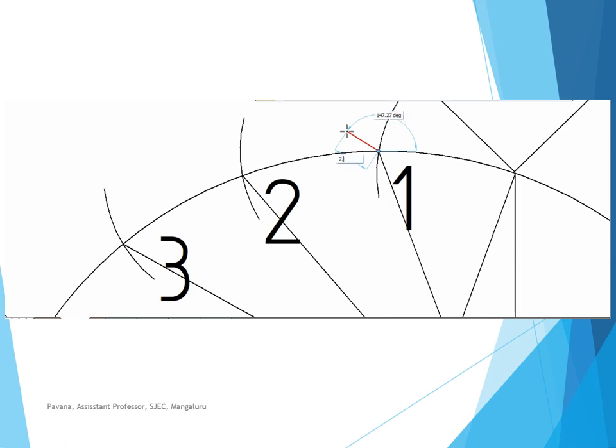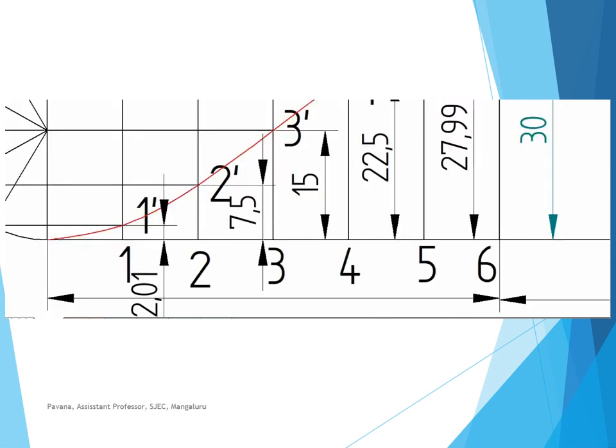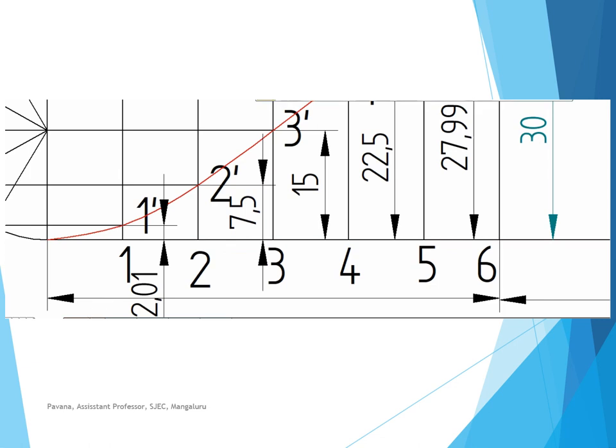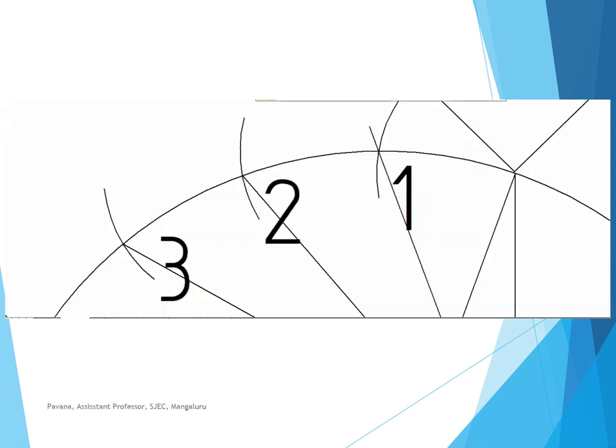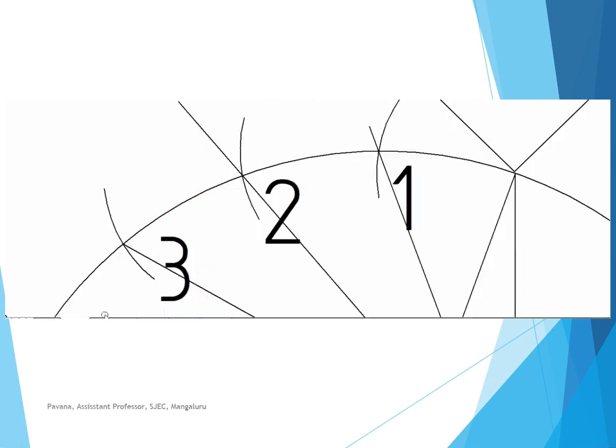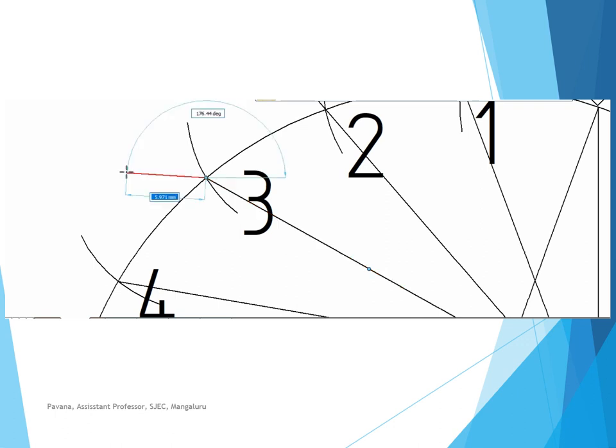Don't incline it to any angle, just extend the tangent line in a straight line. See, 2 dash distance is 7.5, so from point 2 extend the 7.5 straight line. Next, 15 is the distance of 3 dash, so from point 3 draw a line of 15 length.